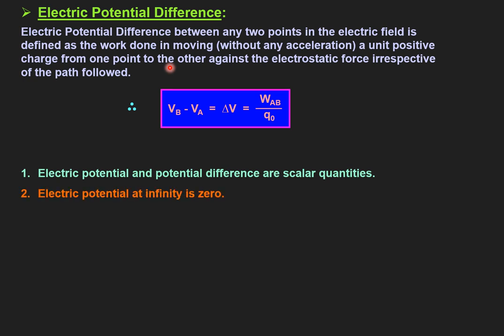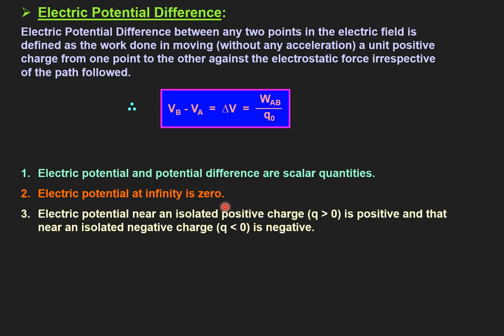Electric potential at infinity will be 0. That's why we treat it as a reference point. Mathematically also, in the next slide it will be clear. For the time being, just remember electric potential at infinity is 0. That is the only reason we treat infinity as a reference point, because if something is 0, we can treat it as a reference point.